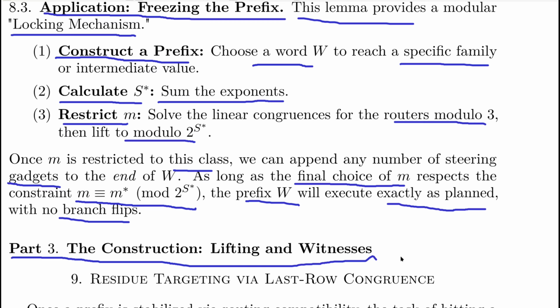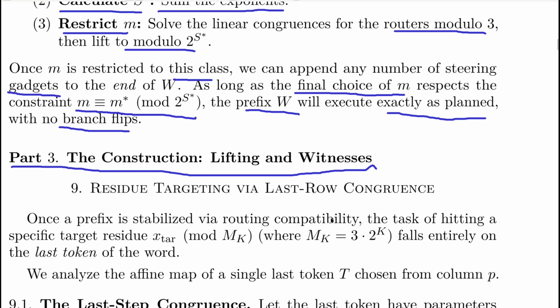We'll look at some more generalizations, but towards the end of part 3, we'll use the tools that we have built so far to prove some very definitive and consequential lemmas and theorems. Right, so let's jump right in. We'll start with residue targeting via last row congruence.